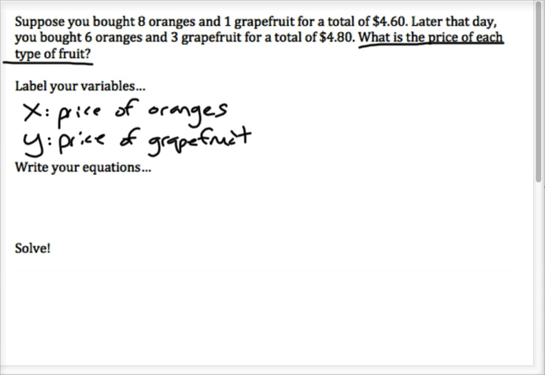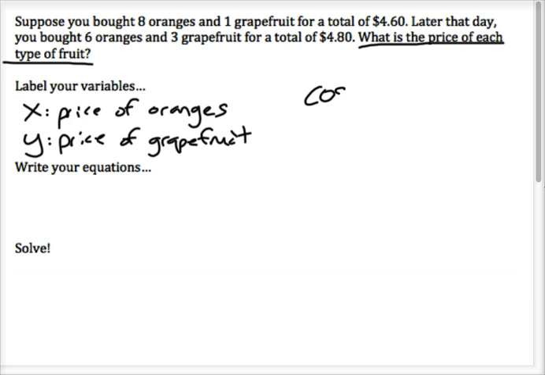All right, so now we have to start constructing equations. Now, when we're talking about cost, cost is always going to come from how many you buy times the price, okay? So I'm going to put that up here.